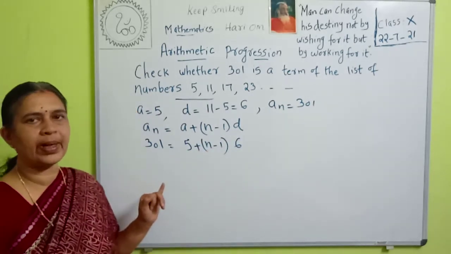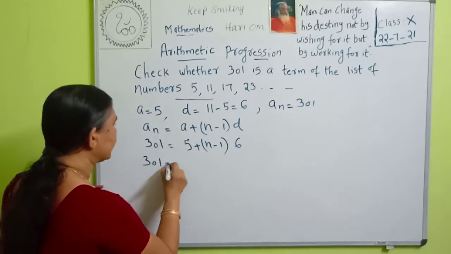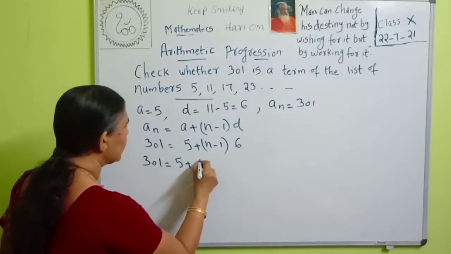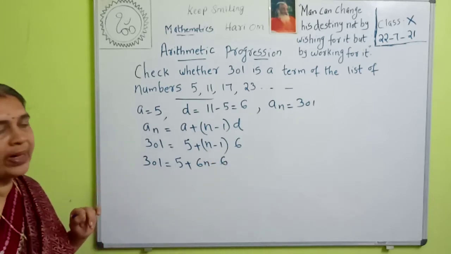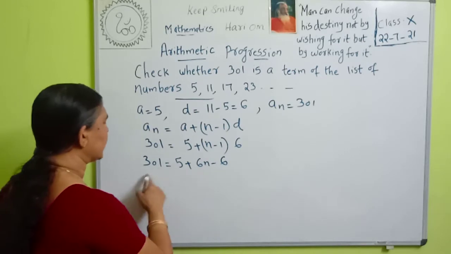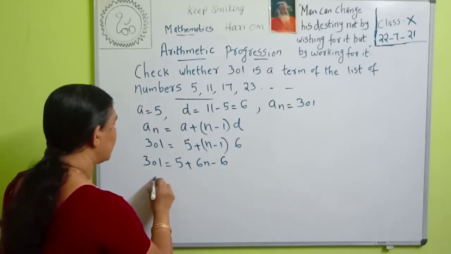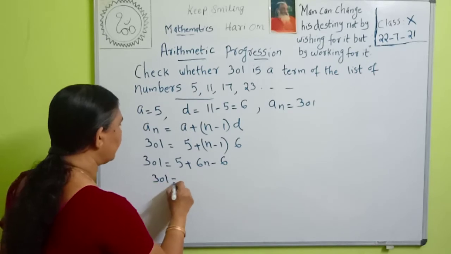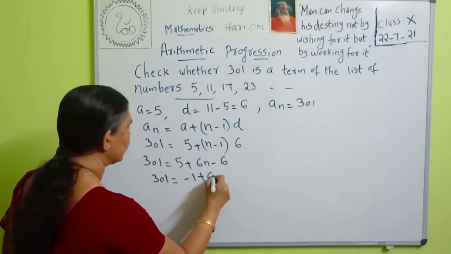301 is equal to 5 plus n minus 1 into 6, or 301 is equal to 5 plus 6n minus 6. We can transpose this, or we can write 301 is equal to 5 minus 6, which is minus 1, plus 6n.